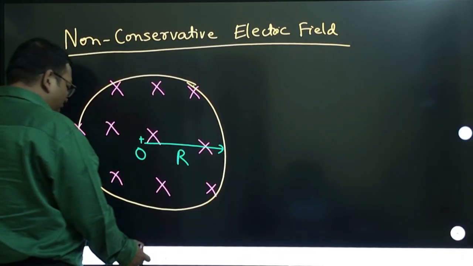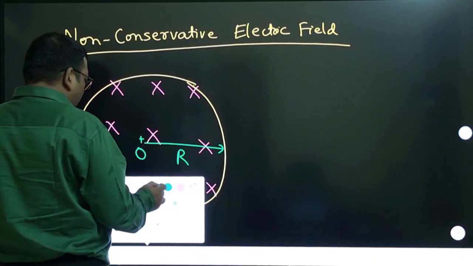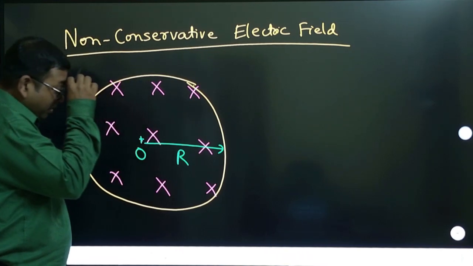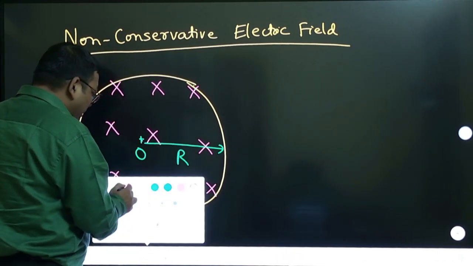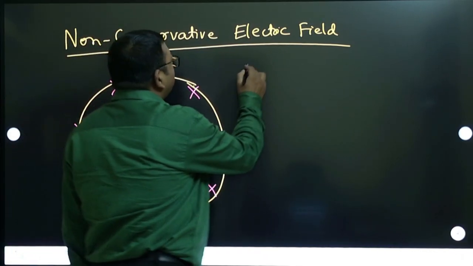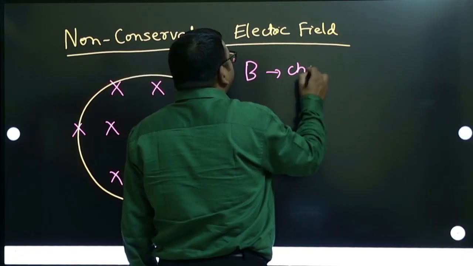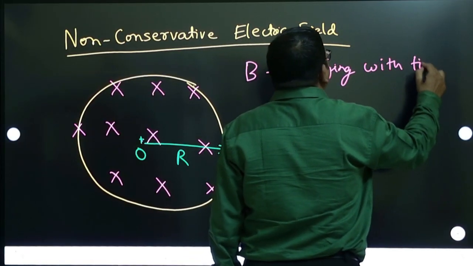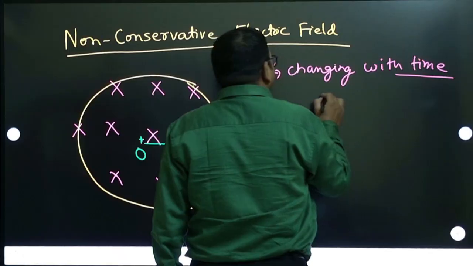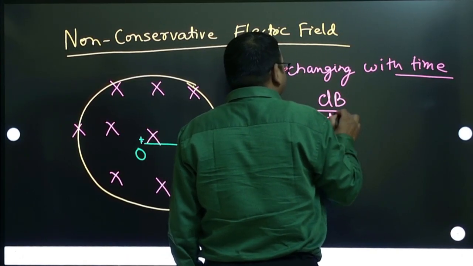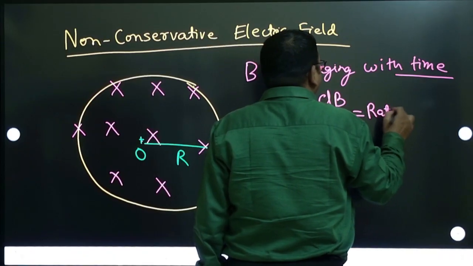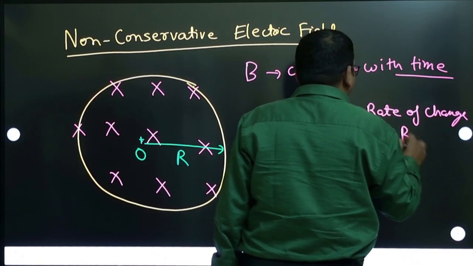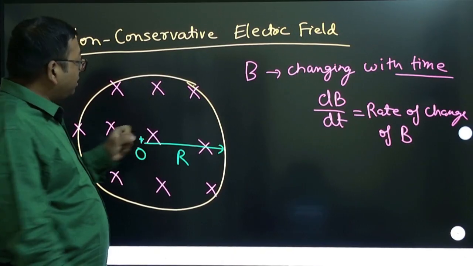Now I want to find out how the electric field lines will be. Let us say that the magnetic field B is changing with time. So dB by dt is the rate of change of the magnetic field, and the magnetic field is changing within this region.